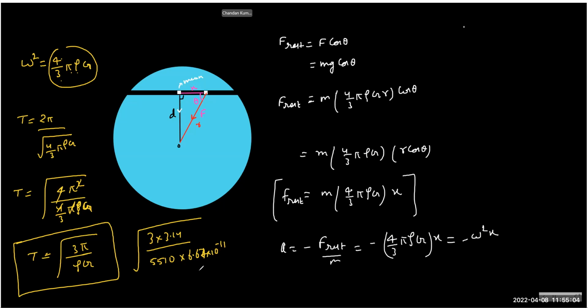So let me check how much we are getting the value. 5510, I will multiply by 6.6 into 10 power. So it is roughly equal to 1.4 hours. That's it.